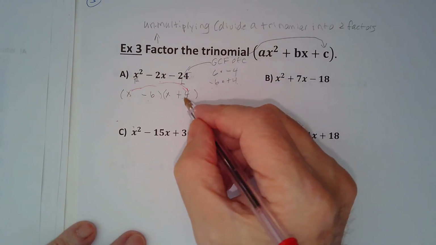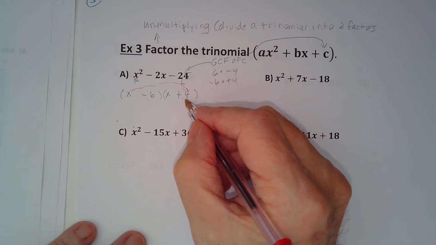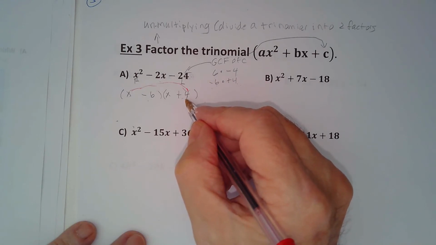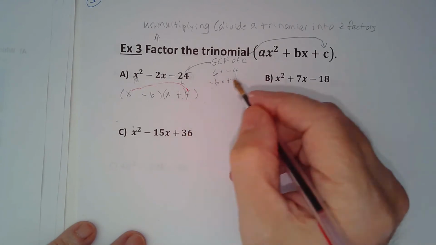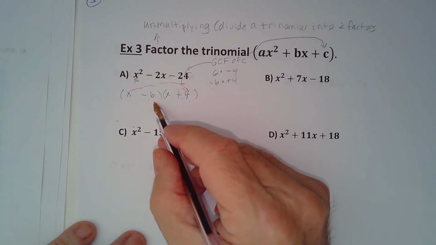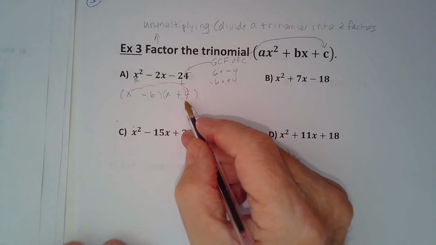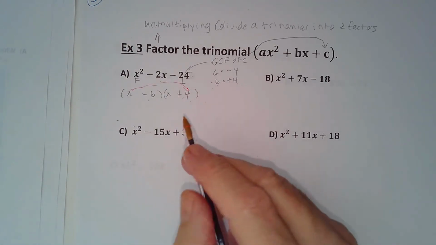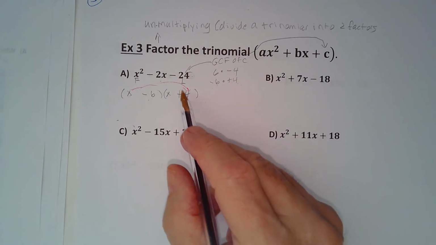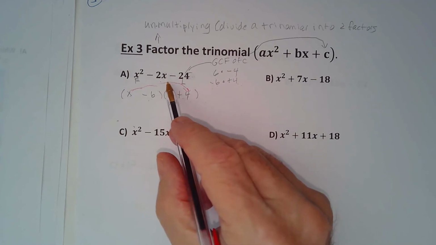So we know that -6 and 4, when they come together, they've got to equal -2.